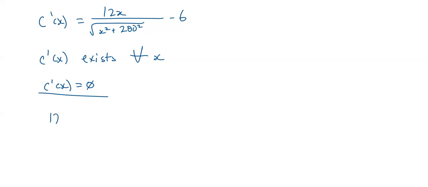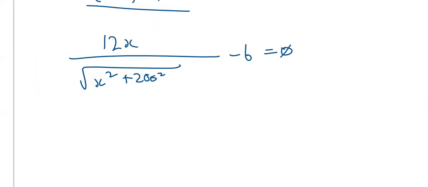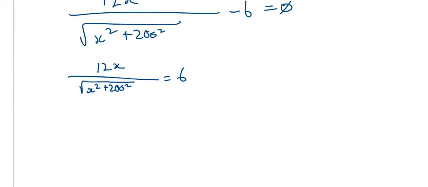So this is where 12x over the square root of x squared plus 200 squared, minus 6, equals 0. So what am I going to do? Move the 6 to the other side. Multiply by the denominator.